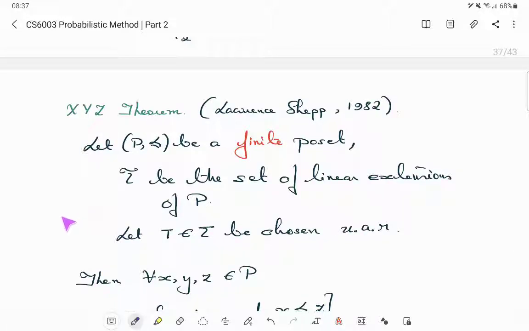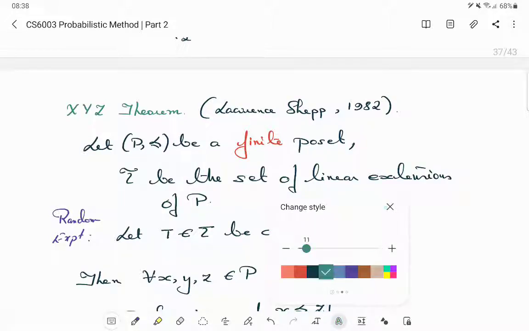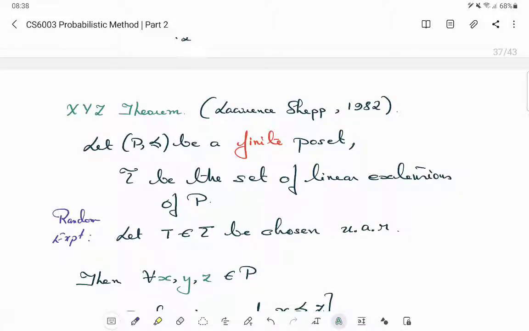We consider this random experiment of picking a linear extension of P uniformly at random, or equivalently picking a member of the script T uniformly at random. That is the random experiment we are talking about. Now the XYZ in the theorem comes because of this condition.